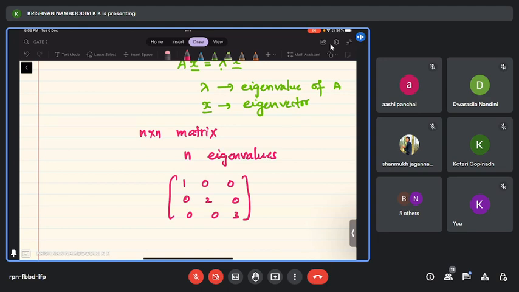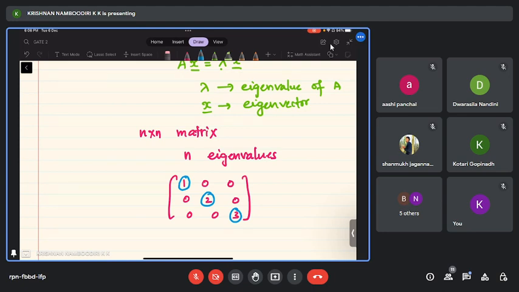What is the speciality of this matrix? This is a diagonal matrix. That means only the diagonal entries are non-zero and all the other off diagonal entries are zeros. These kinds of matrices are known as diagonal matrices. For diagonal matrices, the diagonal entries themselves give the eigenvalues. So the eigenvalues of this matrix are 1, 2, and 3.